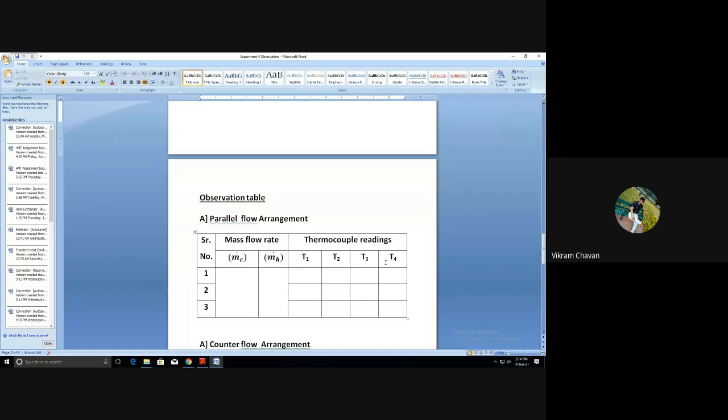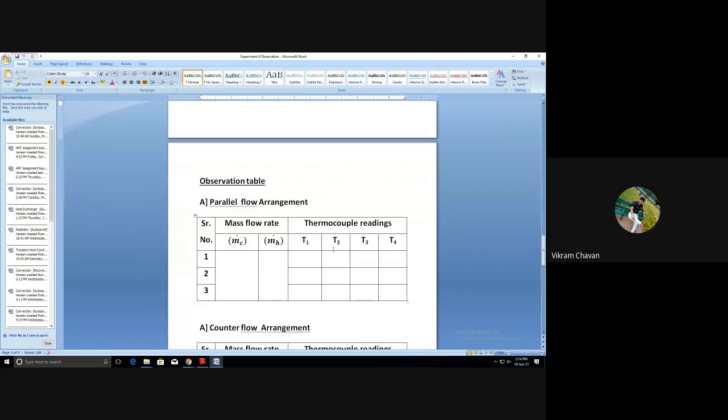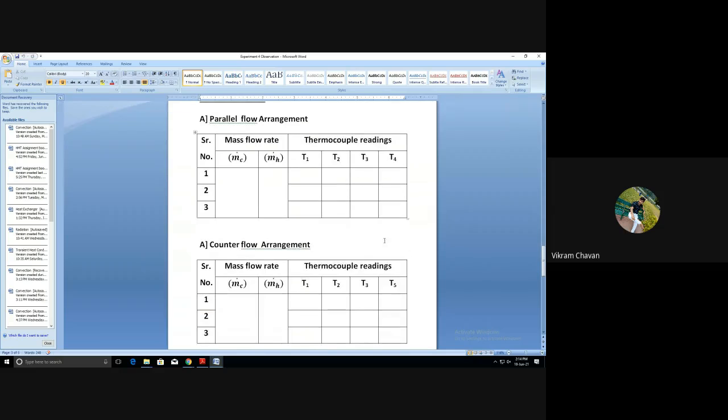We are having 5 thermocouples. In one case we require thermocouples T1 to T4, and in the counter flow arrangement, instead of T4 we require the T5 thermocouple. So T1, T2, T3 are the common thermocouples in case of a parallel flow arrangement, whereas in the counter flow arrangement, instead of T4 we require a T5 thermocouple.